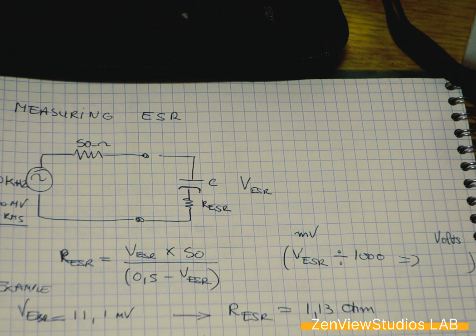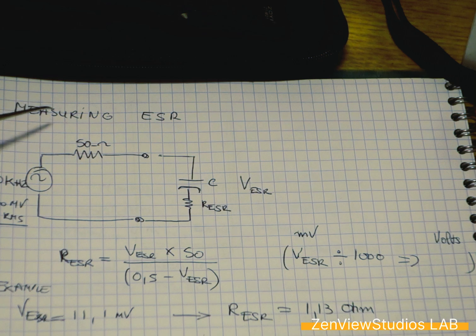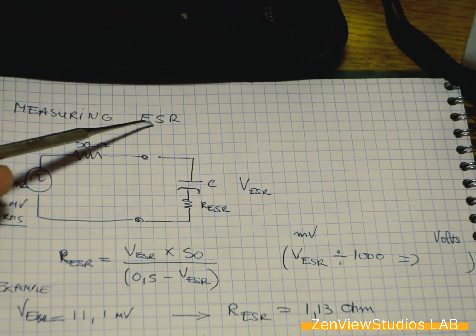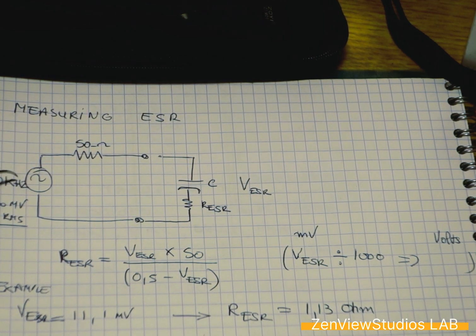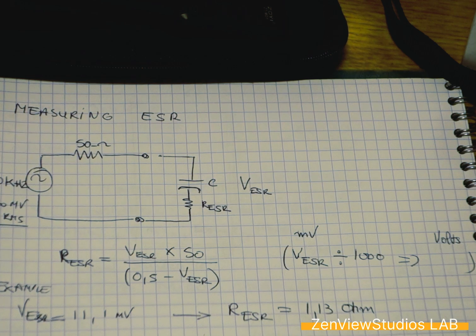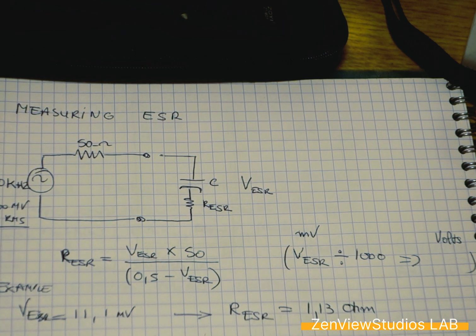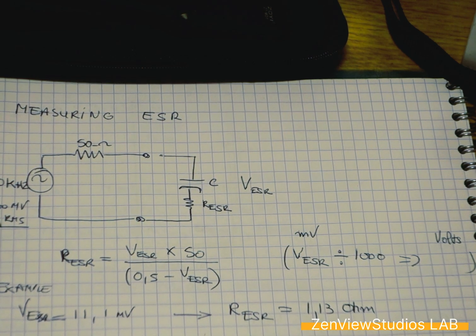All right, to complement a little bit what we're going to see afterwards, here is the schematic of what I will show for comparison in terms of measuring ESR. You have a generator, which I will show you, set at 100 kilohertz with a 500 millivolt square wave RMS.